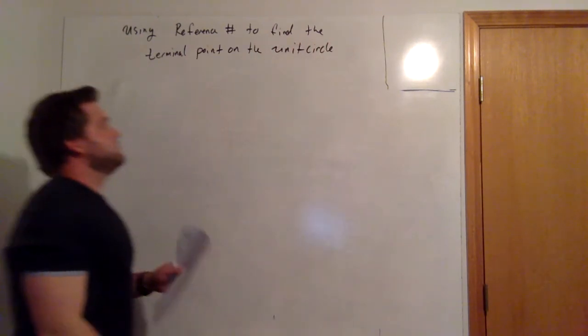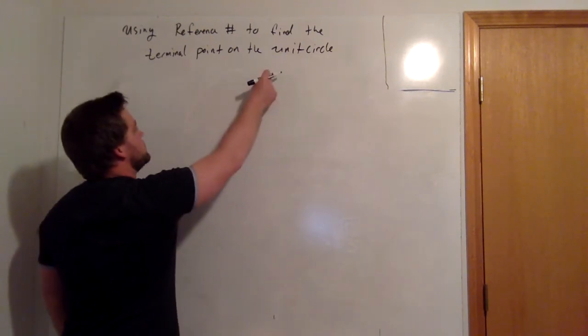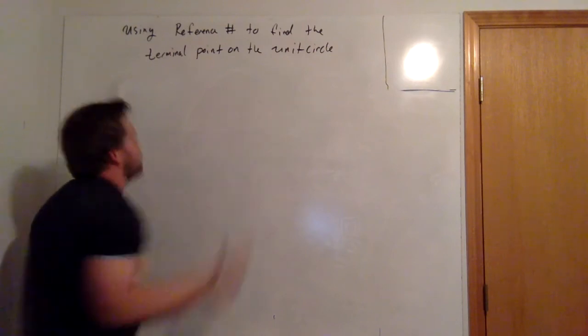What a terminal point means is, when I've traveled a certain distance, the terminal point is the x and y coordinates of that point on the unit circle.